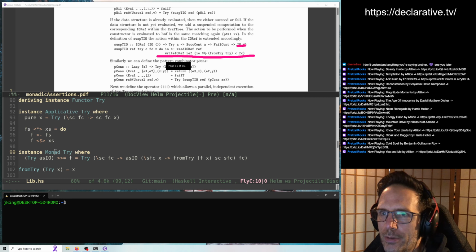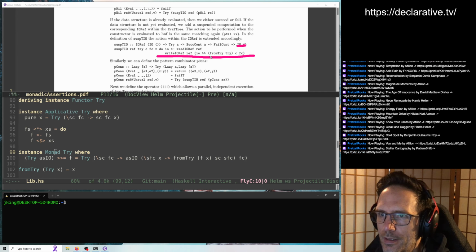And then we write the IO ref by evaluating that action, pretty much ignoring its result, just continuing on to the next thing. Construct a new try. And, or no, from the try, we get its action, the success continuation, the fail continuation.